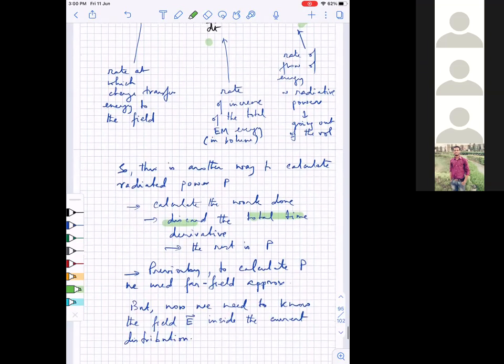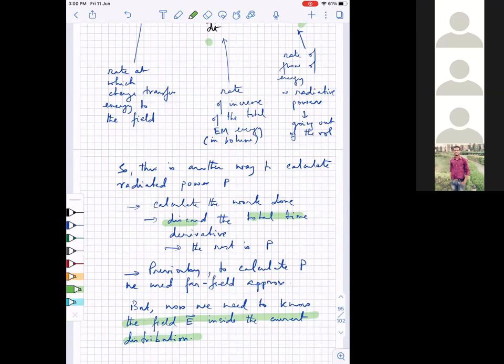In contrast, now we are not doing far field. We are looking at the field E inside the current distribution. The work done is done by looking at the E field at the location, not the E field which is far away. Whatever is left will be the energy that is lost, that will go far away.